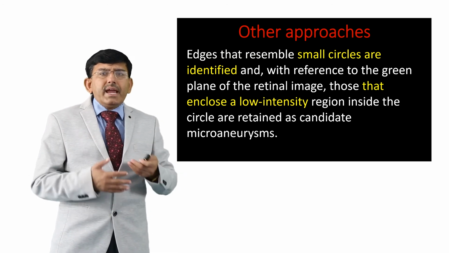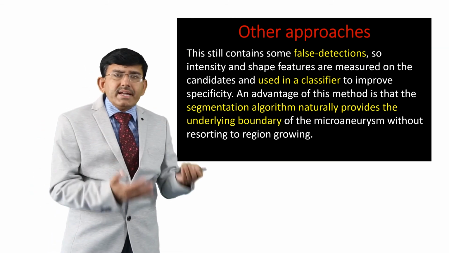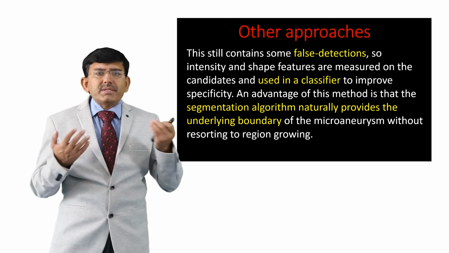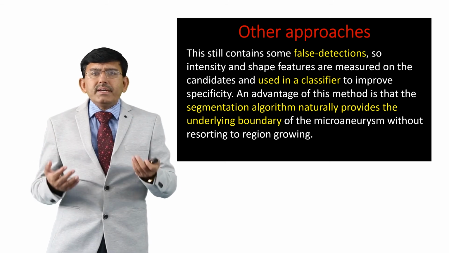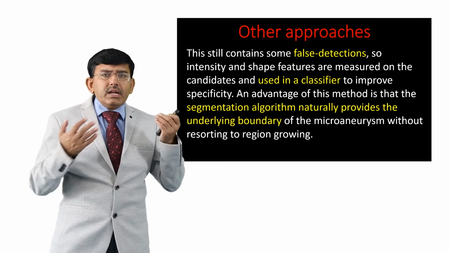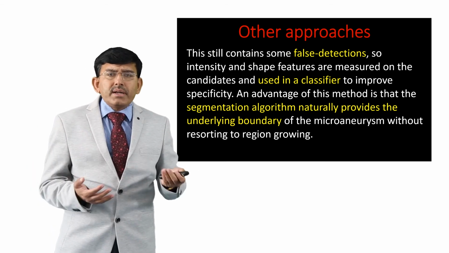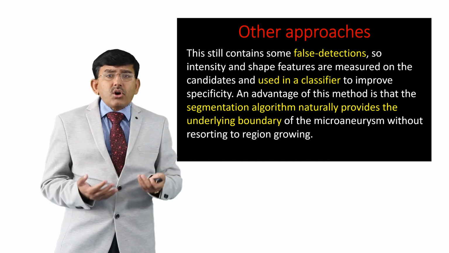So intensity and shape features are measured on the candidates and used in a classifier to improve specificity. An advantage of this method is that the segmentation algorithm naturally provides the underlying boundary of the microaneurysm without resorting to region growing.